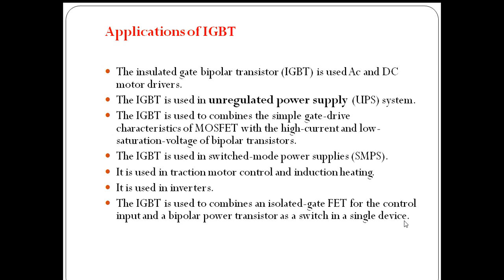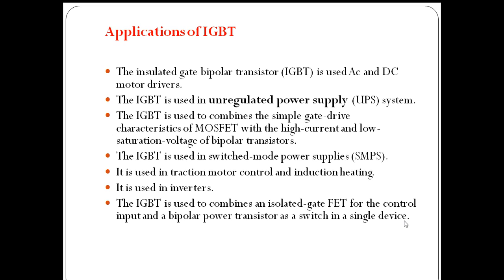Applications of IGBT. IGBT is used in AC and DC motor drives. It is used in UPS. It is used in SMPS. It is used in combination with MOSFET, with the high current and low saturation voltage of bipolar transistors.